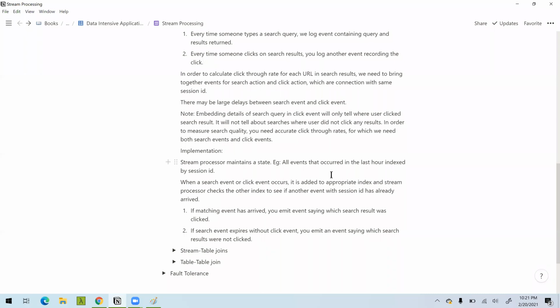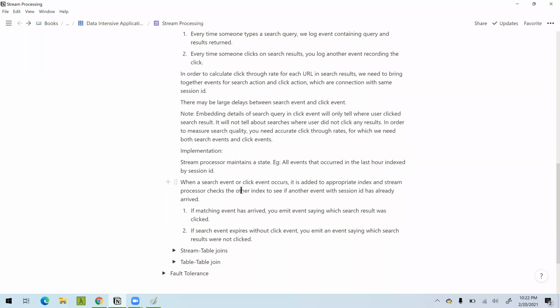And whenever a click is performed, we will also store that in an index. Then when for a particular search query we find a matching user click on a URL, we can join them, right? And say that for this user query, the user clicked on this search result.